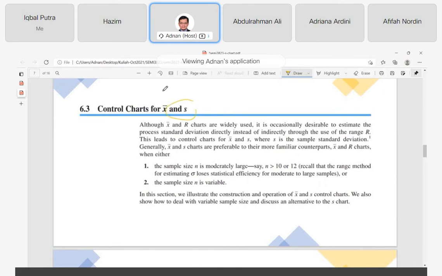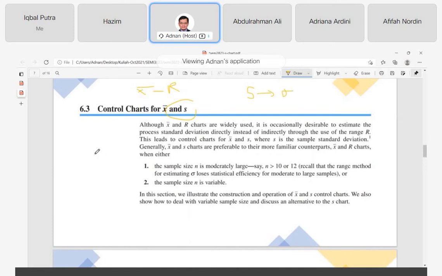We have seen the X bar chart and R chart, but now we move to the S chart. The S chart is the standard deviation chart. For a sample we use S, and for the population we take it as sigma.